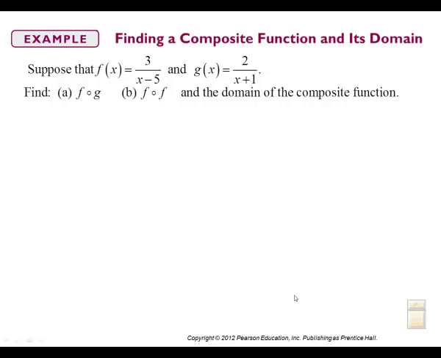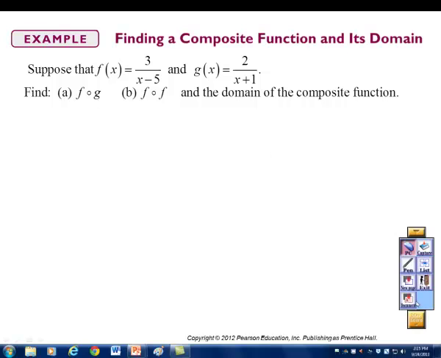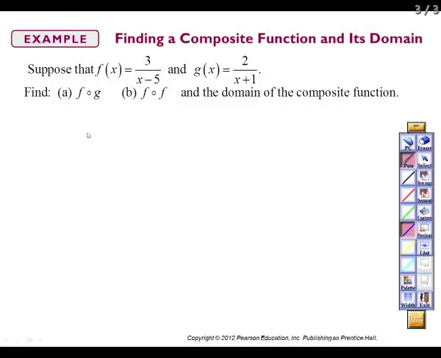Okay, so here's our f of g of x. Okay, so at this point we need to find the domain for the inside first. G of x is equal to 2 over x plus 1. So how do we find the domain from here?